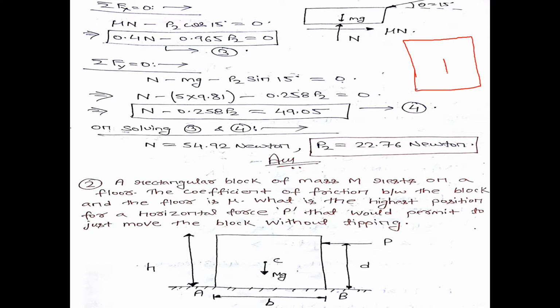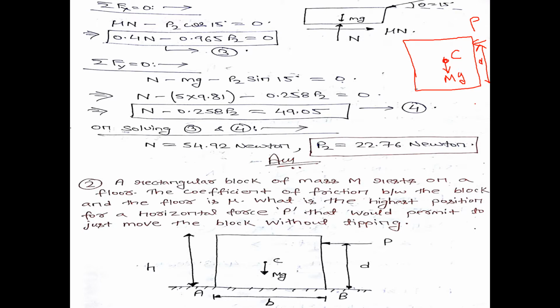This is the weight of the box, mg, acting from the center of gravity, which is point C. At this end I am applying a force P, which is at a distance D from the horizontal surface.